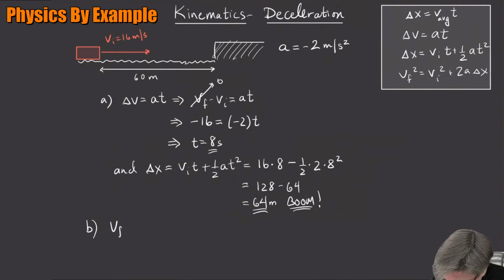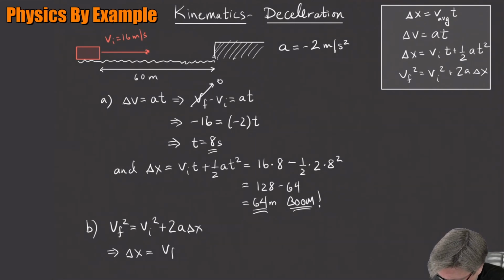v final squared equals v initial squared plus 2a delta x, right? So that means that the delta x we're going to need is v final squared minus v initial squared over 2a. Just doing a little bit of algebra.